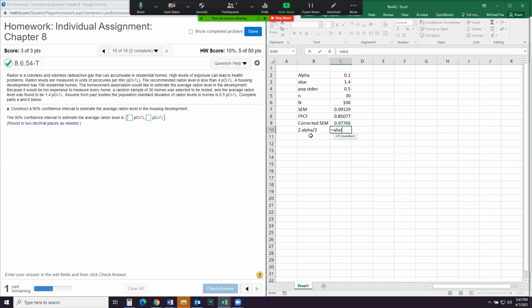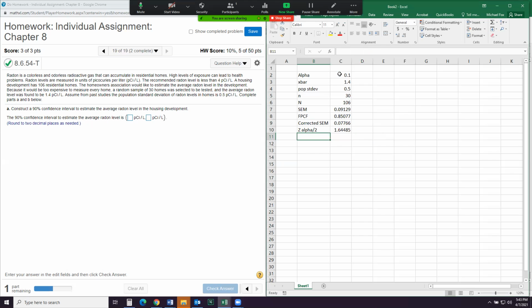The absolute value of norm.s.inv, the inverse of the normal distribution. And for the probability, I'm going to use my alpha divided by 2. That's going to give me the absolute value of the z-score of alpha divided by 2.